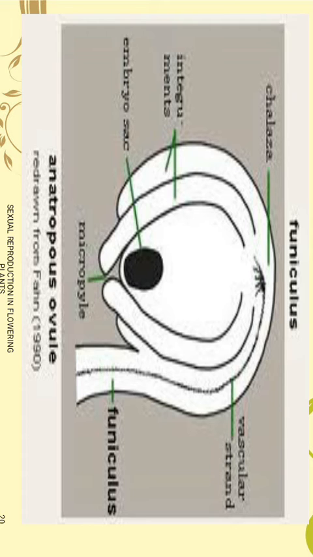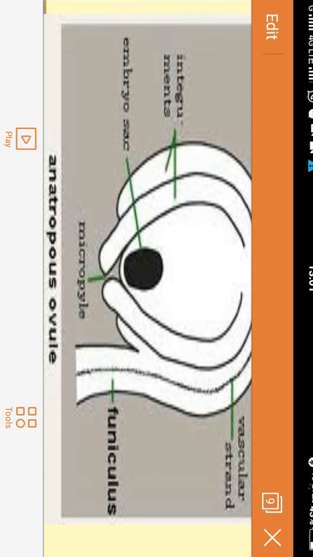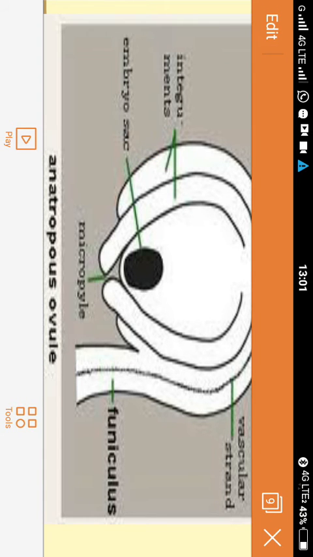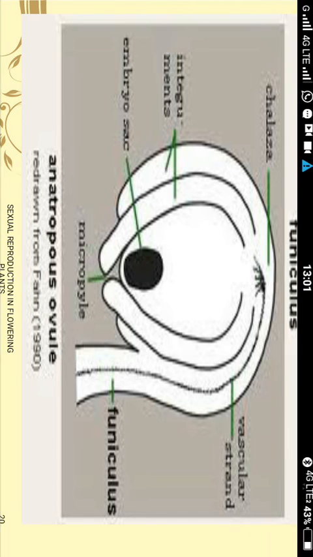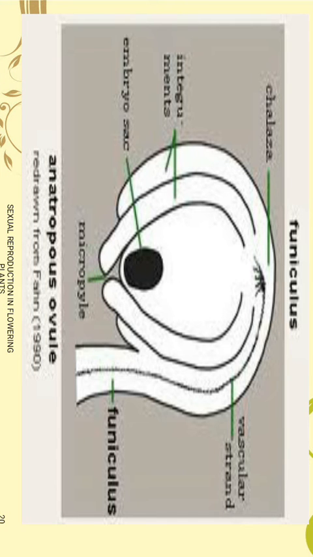So if you see the structure of an ovule, the stalk is called the funiculus. Inside the ovule, the nucellus is present, covered by two protective layers, the inner integument and the outer integument, which cannot completely cover it. They leave a small gap called the micropyle.